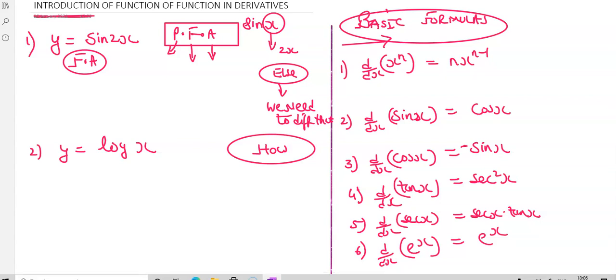So if I differentiate the above question with respect to x, it is d by dx of y.